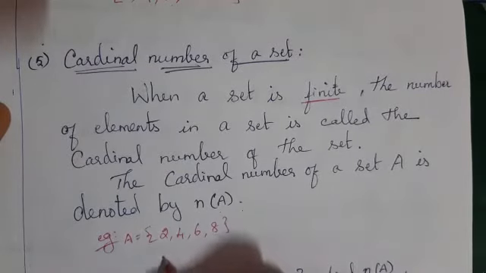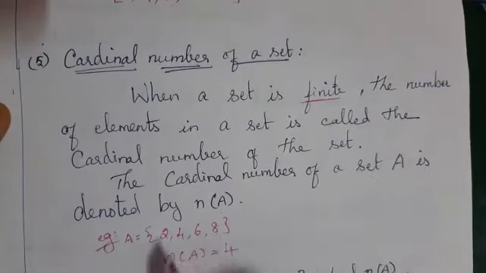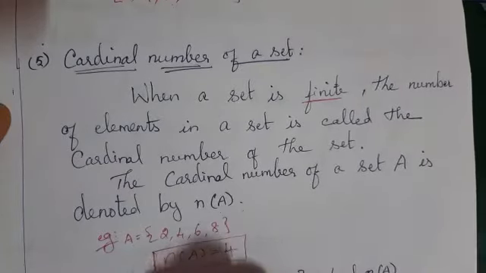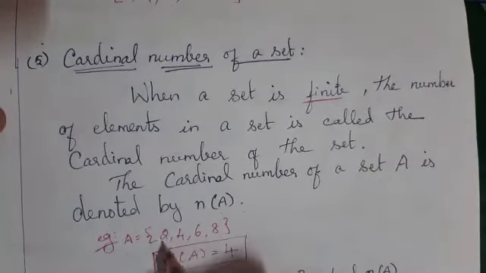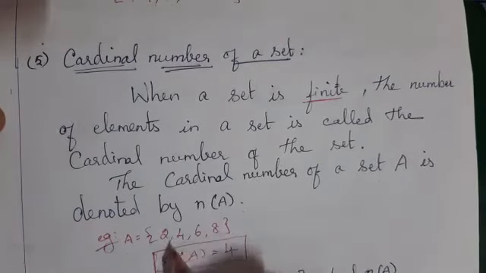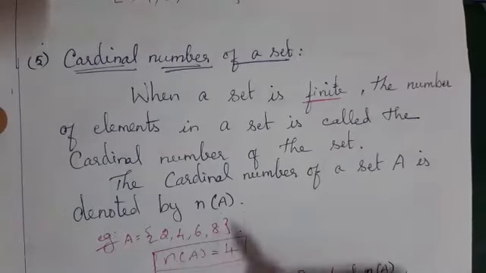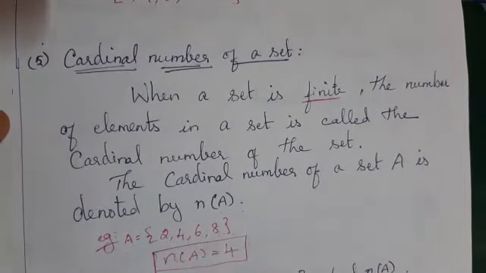That is denoted by n(A) = 4. This is the cardinal number of A. Therefore, 4 elements are there. Therefore, it is a finite set. For a finite set, you can write the cardinal number n(A) = 4.